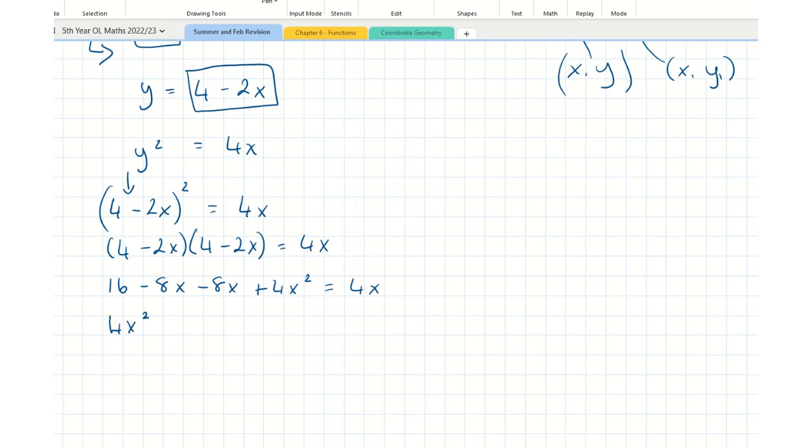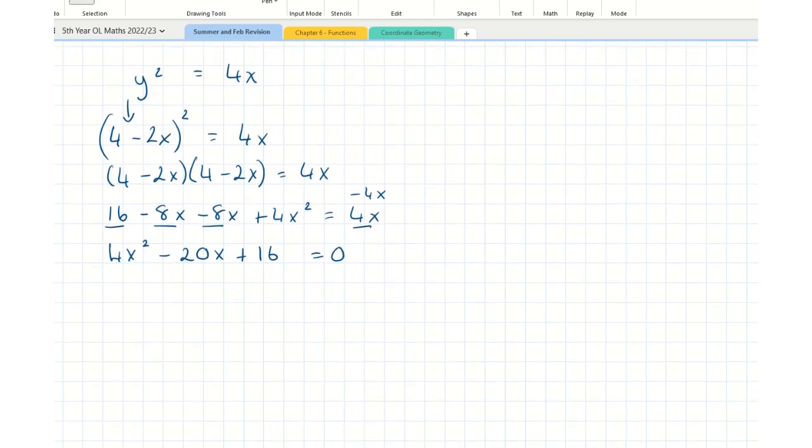I have 4x squared, then minus 16x, and I'm going to subtract another 4x from this side to make it equal to 0. So I have minus 8x minus 8x minus 4x, that's going to give me minus 20x. And then I have my plus 16 here. That's all equal to 0.